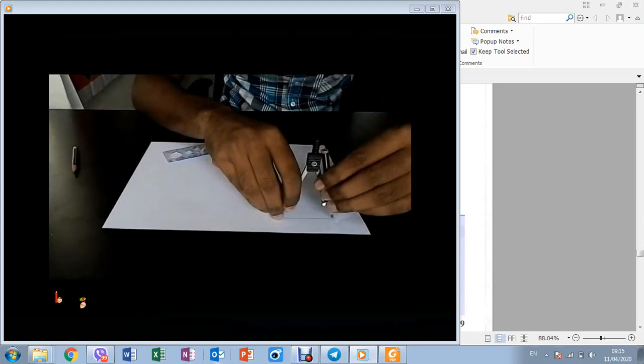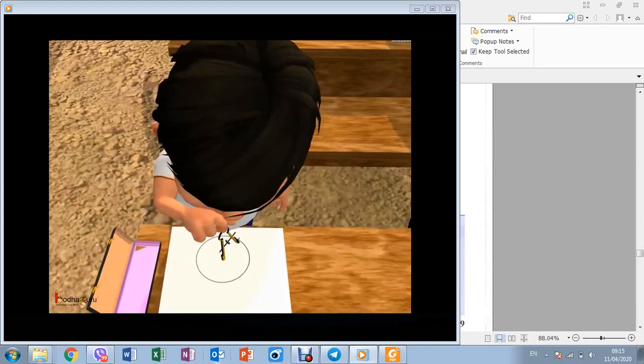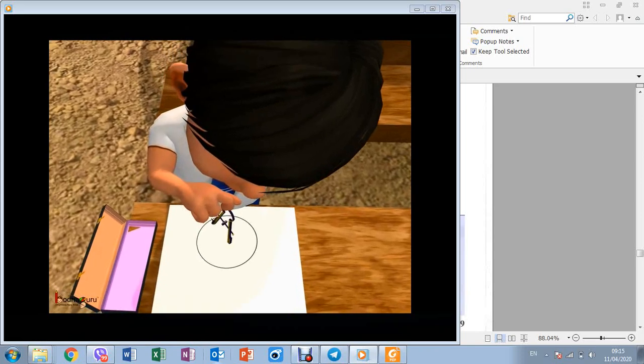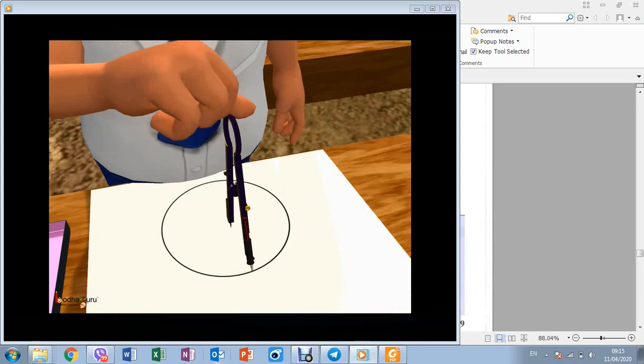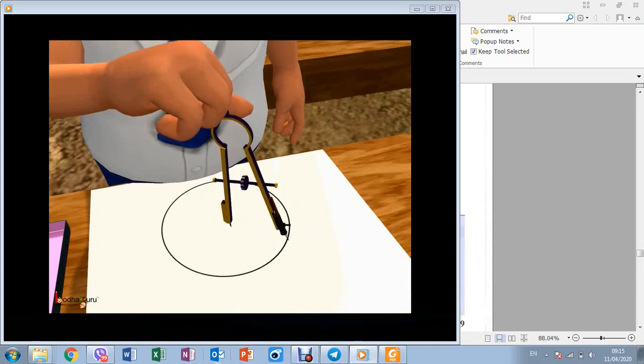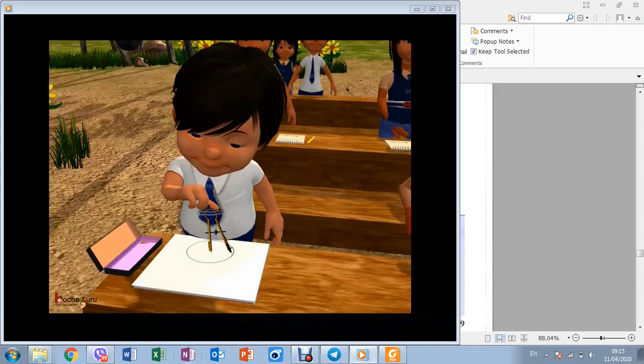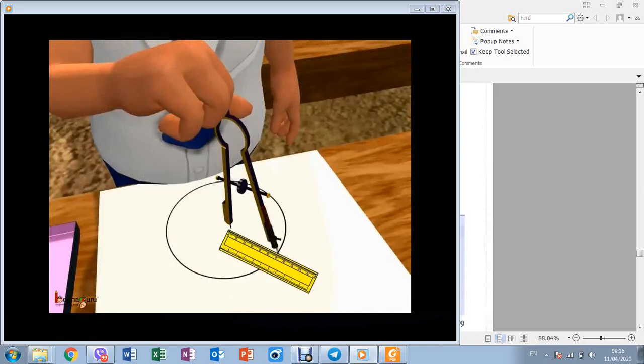Now put down the middle tab at the center, and turn the pencil tab around the middle tab without moving the pencil, okay. Now we turn it. This is called a compass, and I show them how we draw a circle.